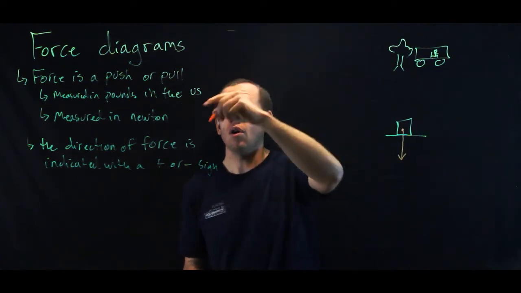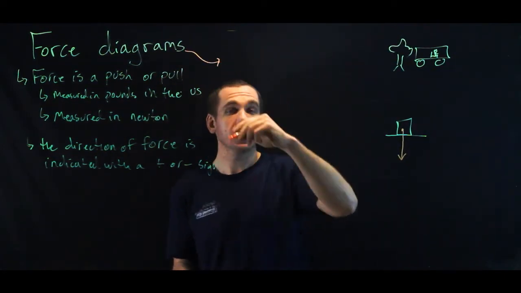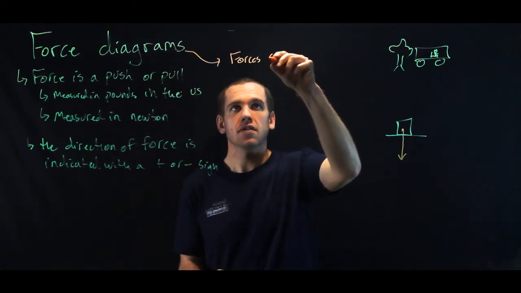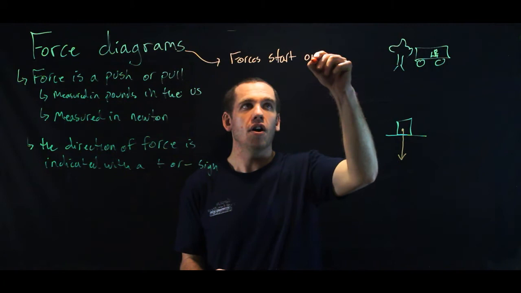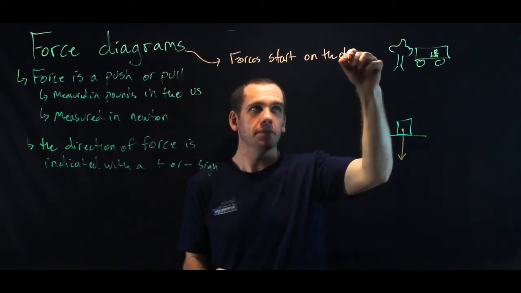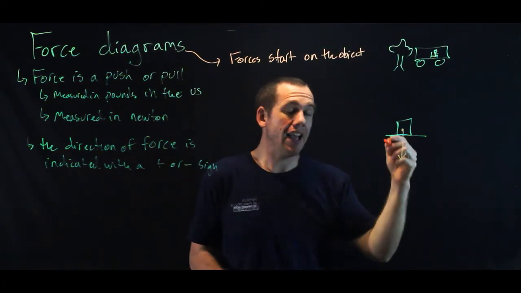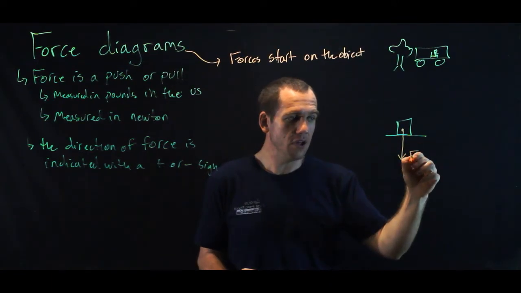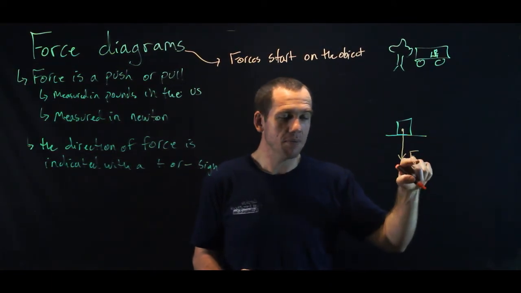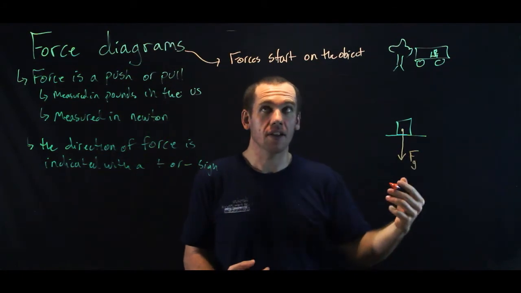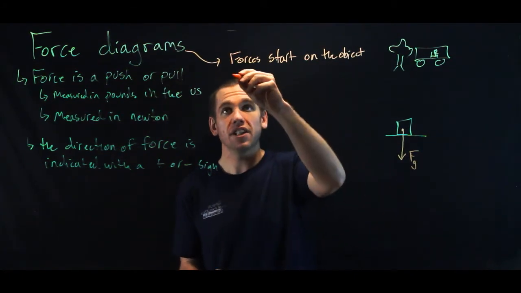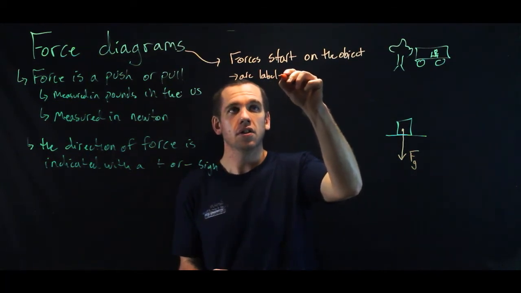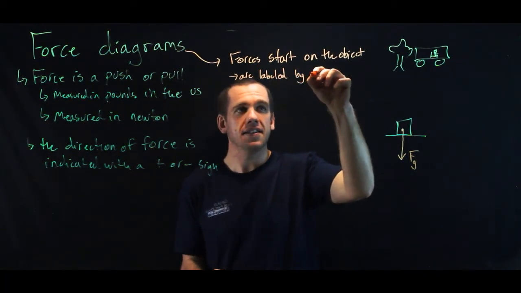So that's something you should always keep in mind when we're drawing what are called force diagrams or free body diagrams. Forces start on the object. Now, the other thing is I'm going to label this F for force, and then with a subscripted G, or F sub G, for what's causing it. So forces start on the object and are labeled by what causes them.